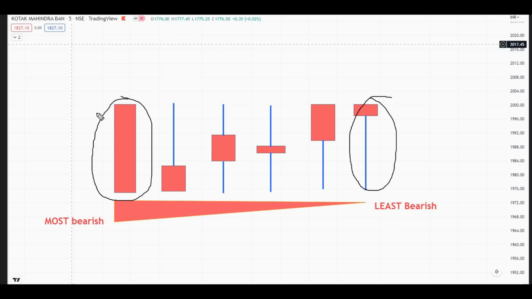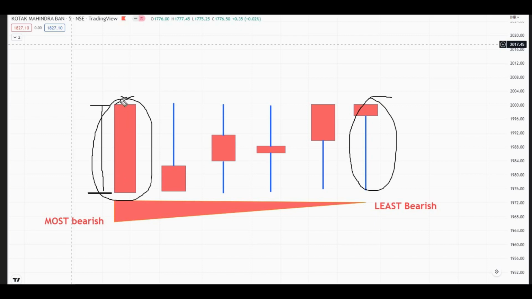Because prices opened around here and sellers took control and prices closed around the low of the day. So bulls have been kicked out of the market and bears have aggressively pushed the prices towards the downside and closed around the low of the day.